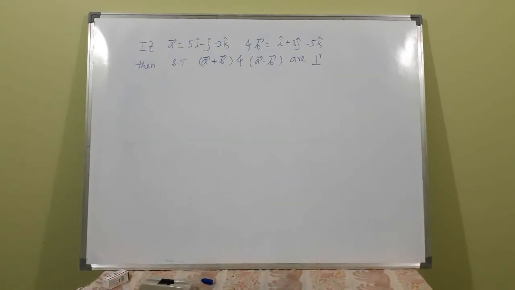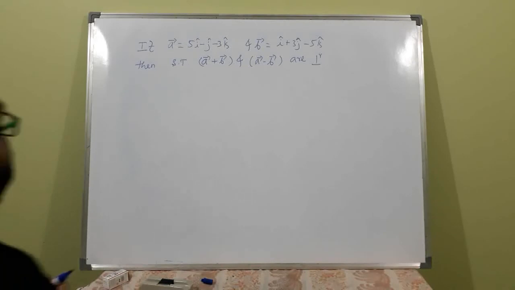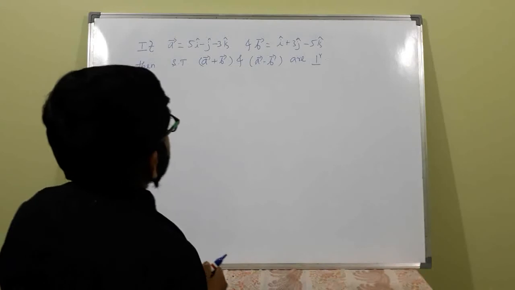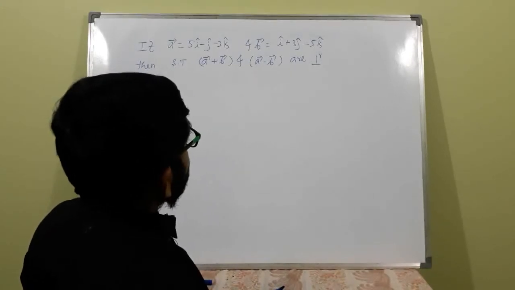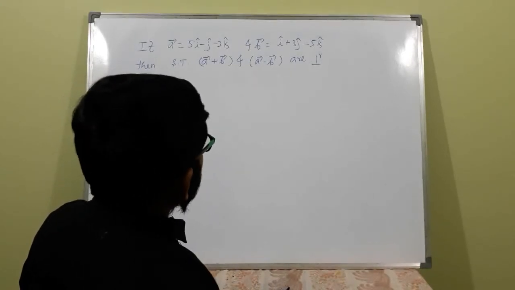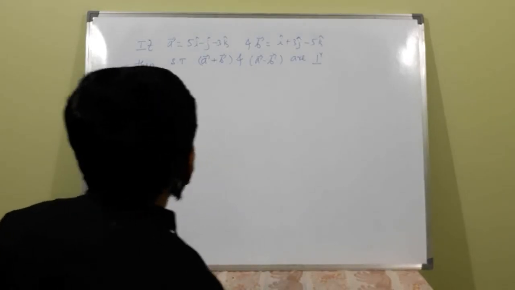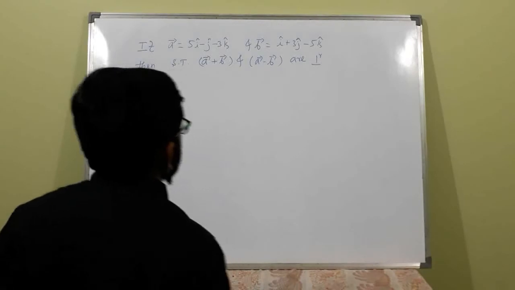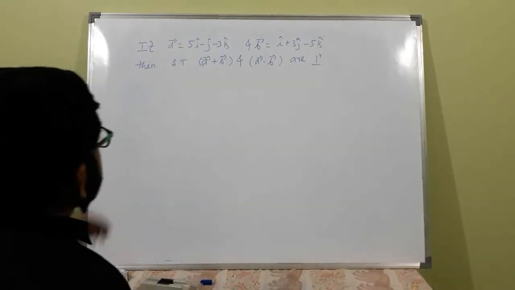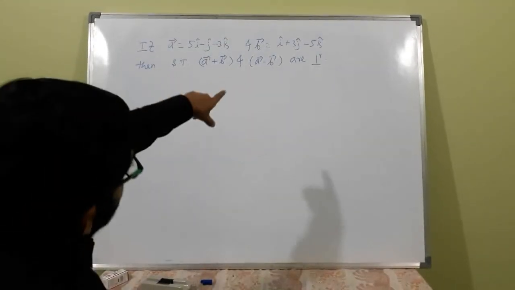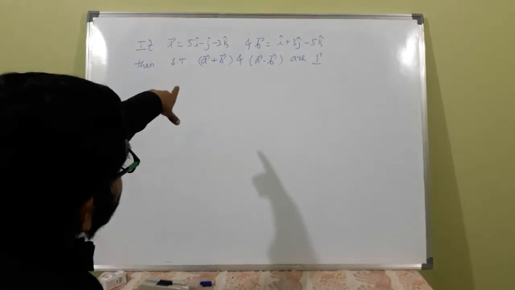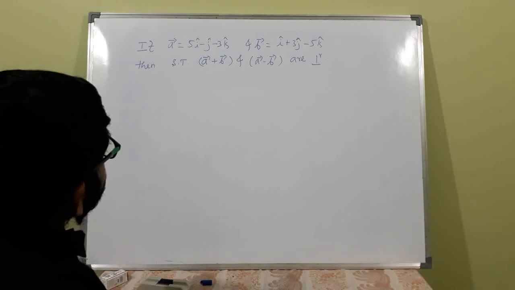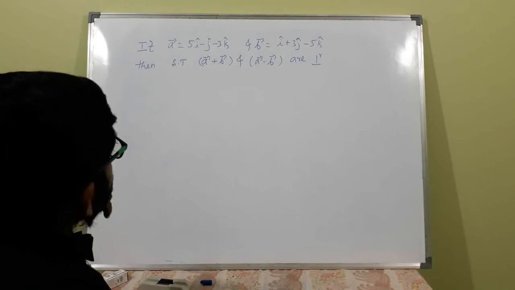If A is 5 i cap minus j cap minus 3 k cap, B is i cap plus 3 j cap minus 5 k cap, then show that A plus B and A minus B are perpendicular. See, here you have to add the two vectors, hence you have to get A plus B. Then you have to take the difference A minus B, that is another vector.